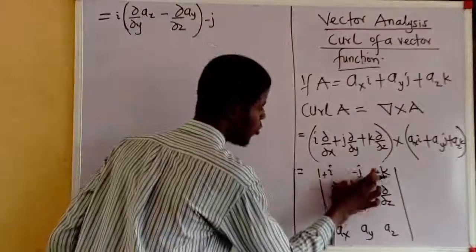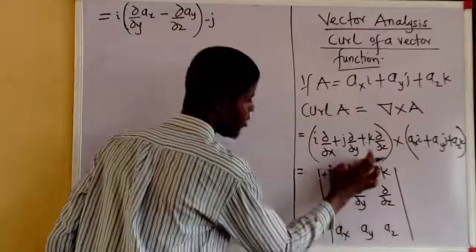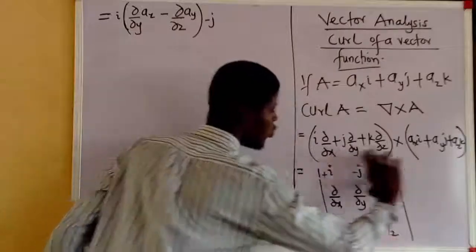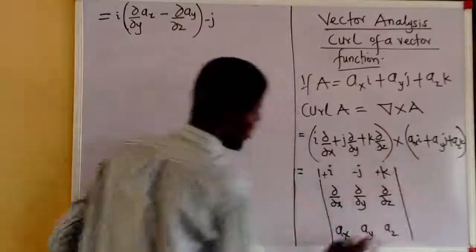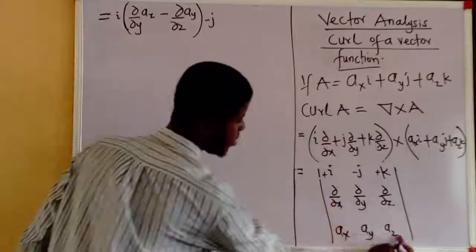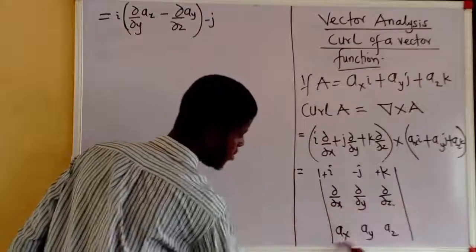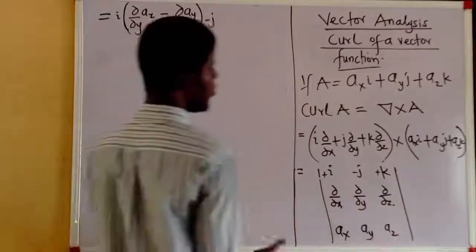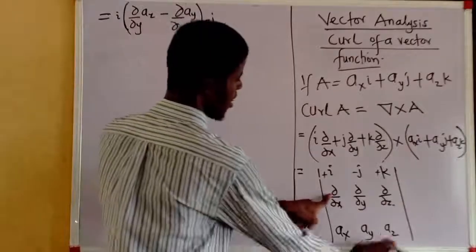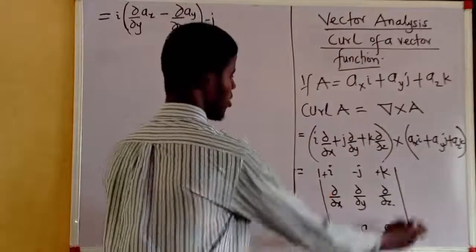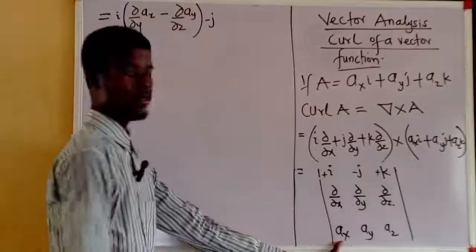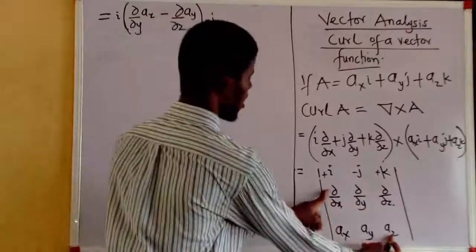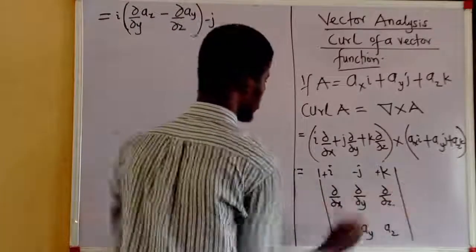So eliminate this column of j and eliminate this row. We'll be having this, and this. So we take this times this, minus this times this. You get it? Multiply this, minus, multiply this.